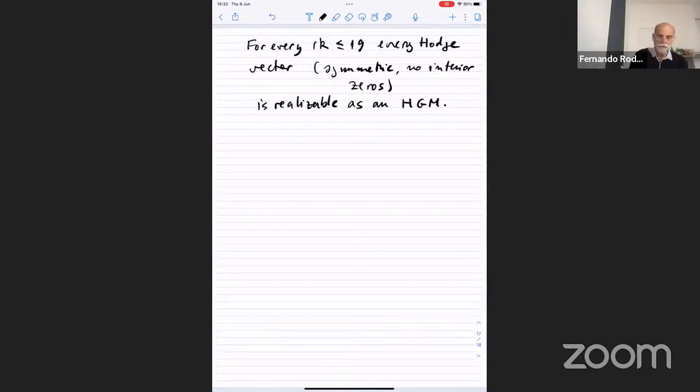So I'll finish with this fact, just to give you a sense of what the zoo looks like. In rank 24, for reasons that I cannot explain, just because the calculation tells us it is the case, this is not realizable.